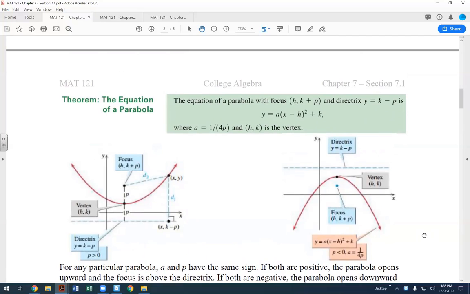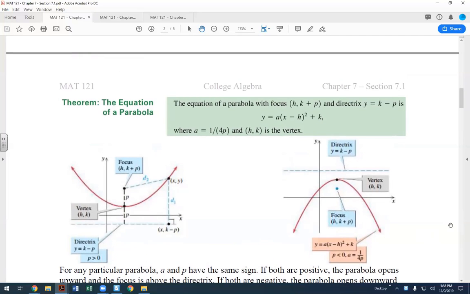Directrix is this line, which will be the same distance p away from your vertex. So whether it's down below the parabola or above the parabola, again, this line is going to have this equation, y equals k minus p, okay? So k plus p is going to be part of the focus, k minus p is going to be part of the directrix, okay?